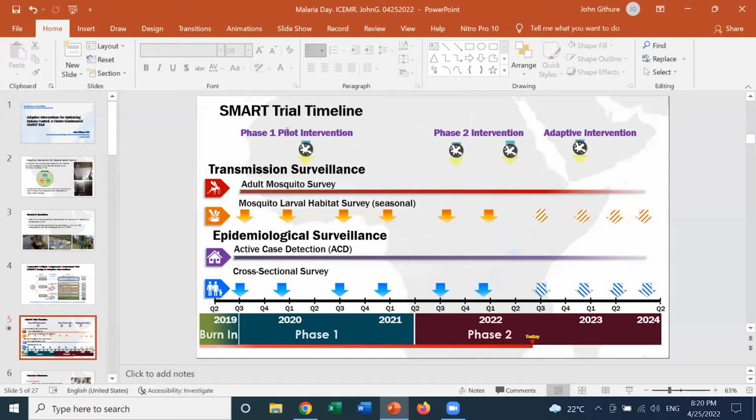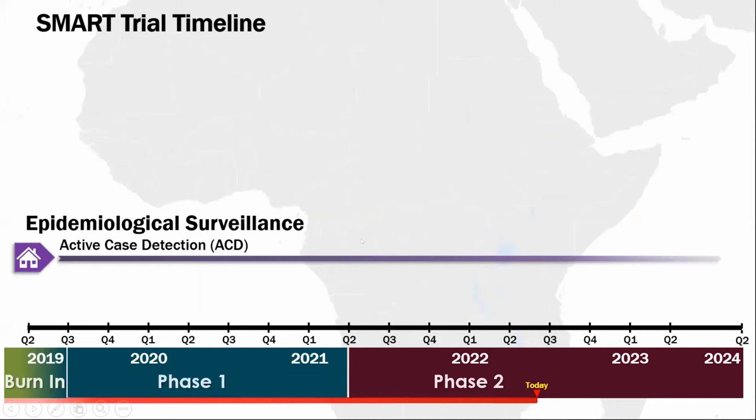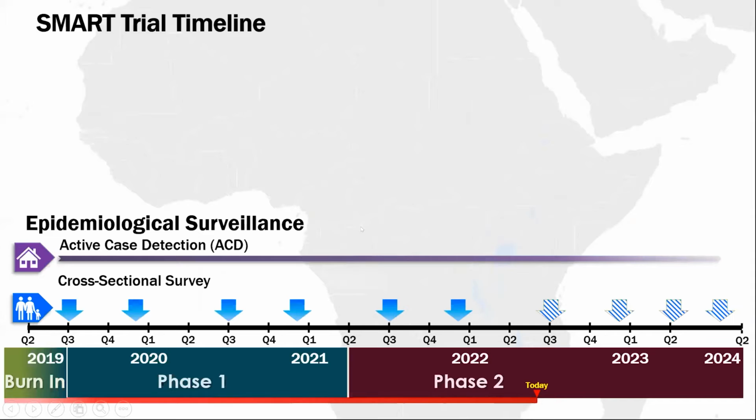We also do a cross-sectional survey every 6 months. We select 50 randomly selected houses from the clusters, and examine them for malaria parasites using microscopy and also PCR.